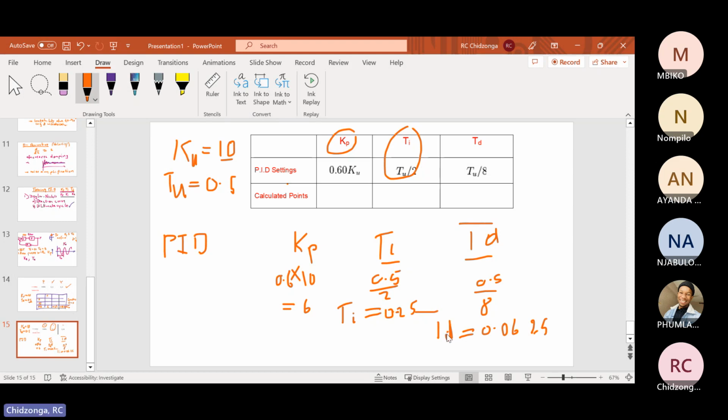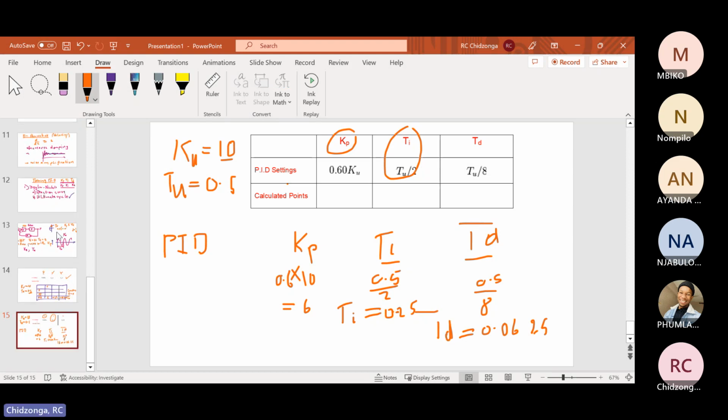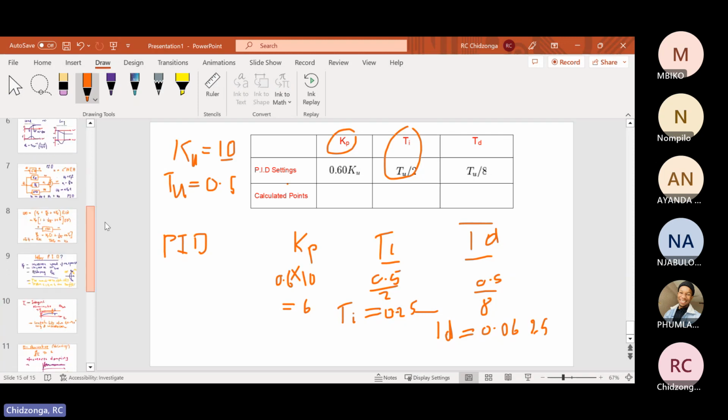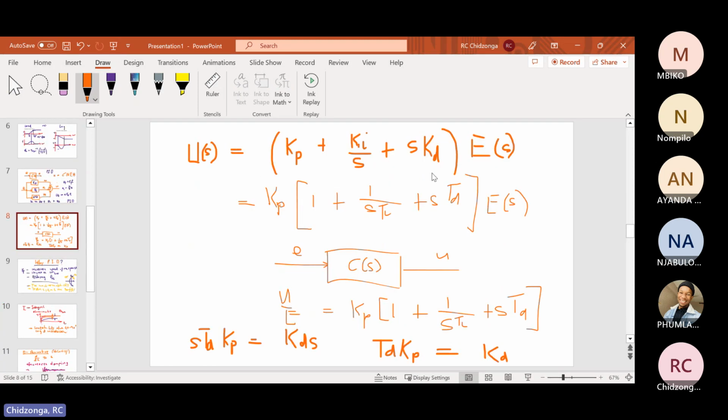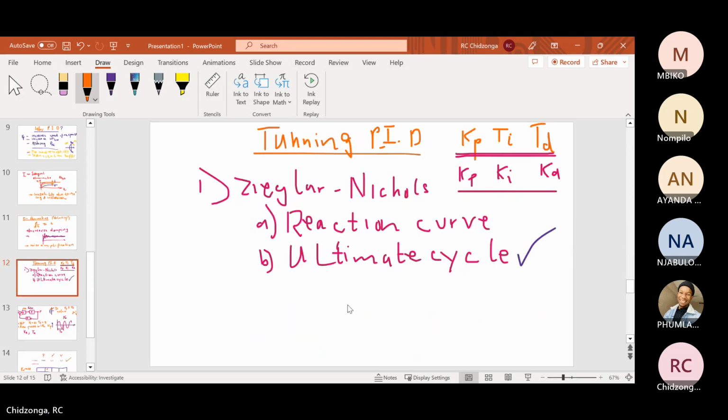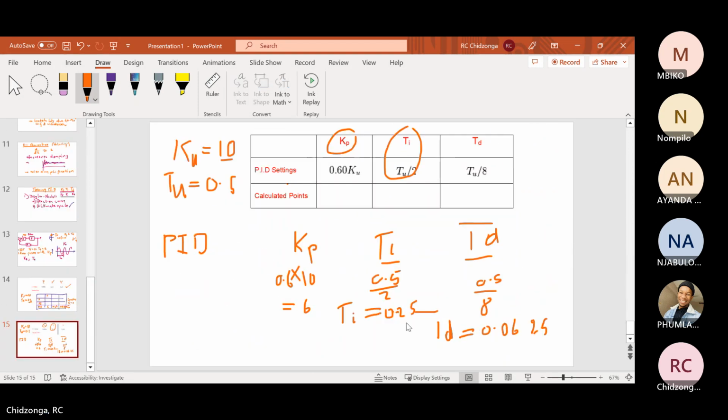You see that? So now if I go back to my PID controller, which is this equation, in here the value of Ti should be 0.25, and the value of Td should be this value, and the value of Kp should be 6.